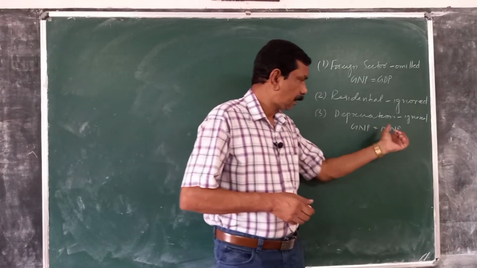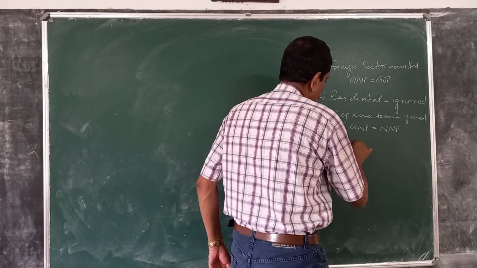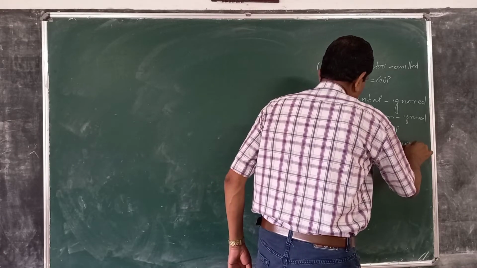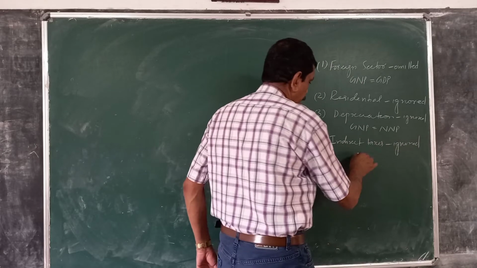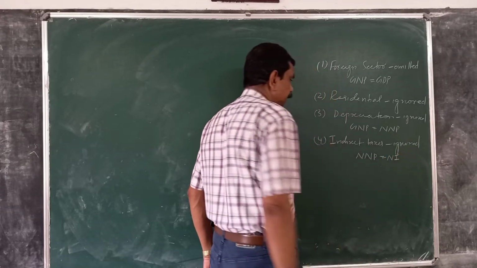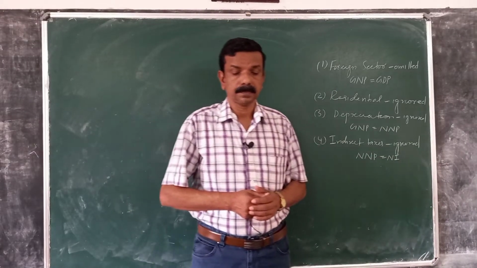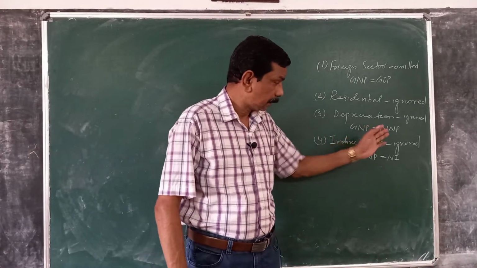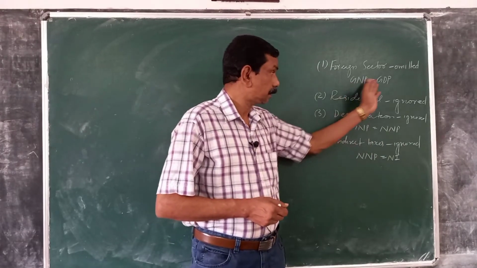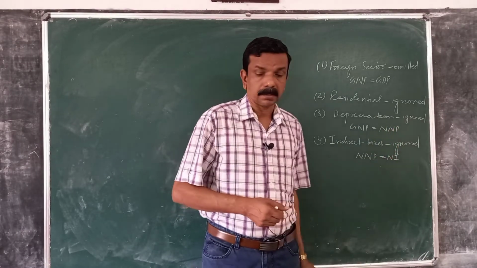So, as indirect taxes are ignored, NNP is also equal to national income. So, GNP is equal to GDP, GNP is also equal to NNP, and NNP is equal to national income.